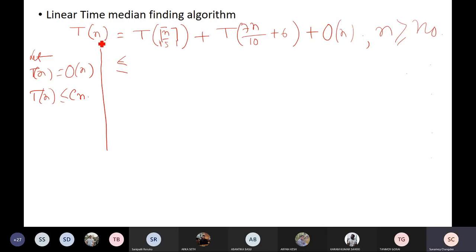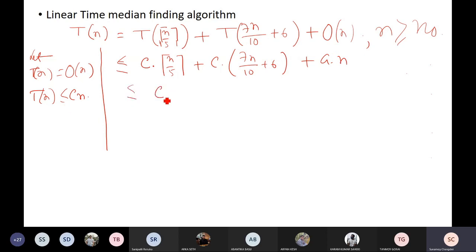So if we replace this value, Tn is less than or equal to some constant C into n by 5 plus 1, plus C into 7n by 10 plus 6, plus A into n. Here you see this is another constant. This constant and C are not the same.